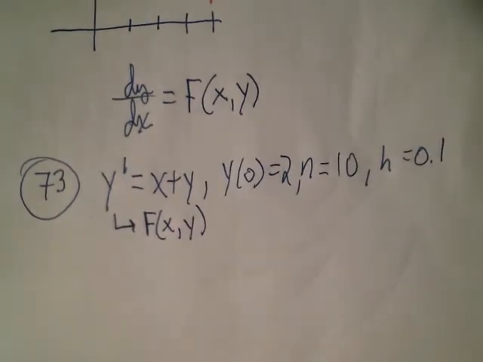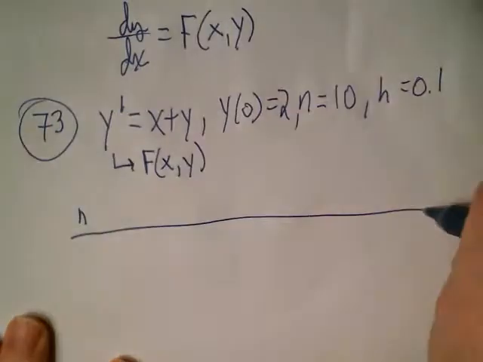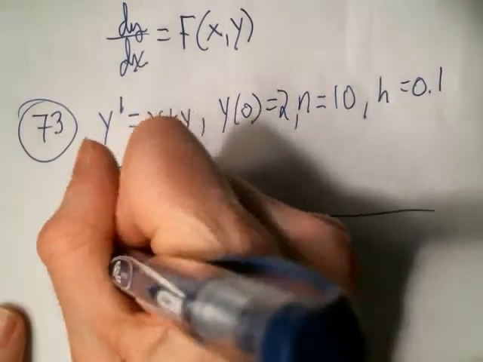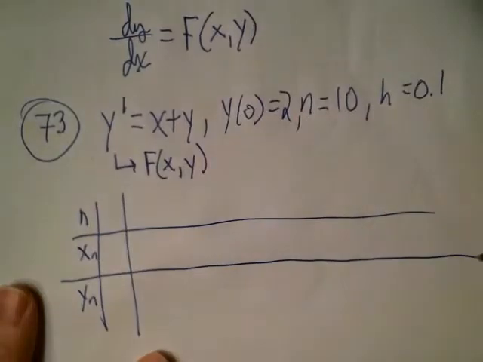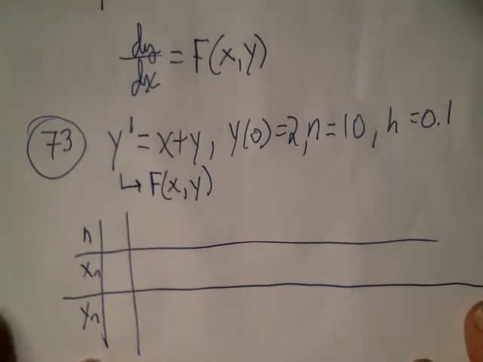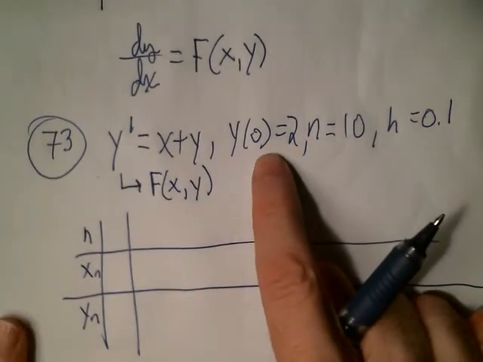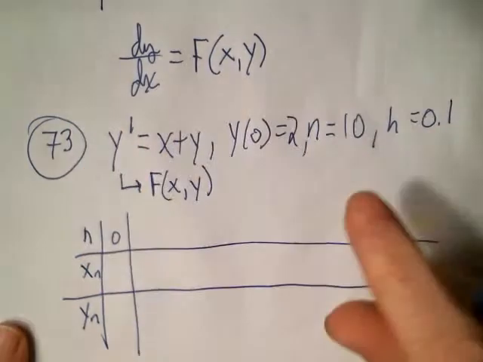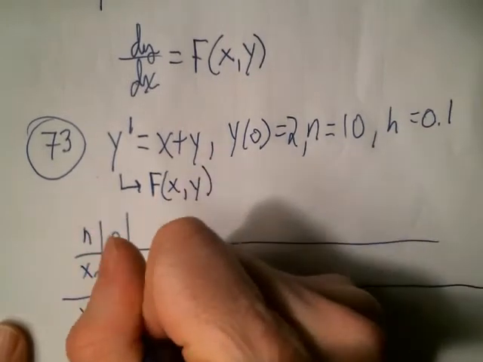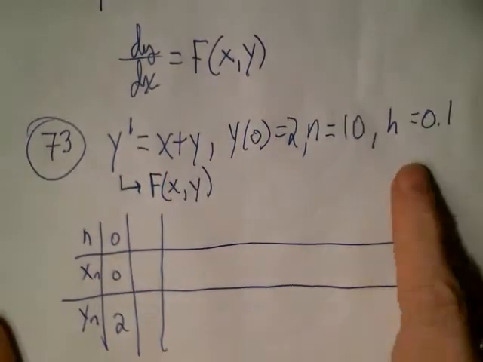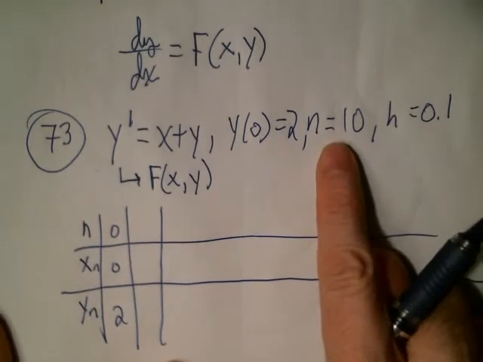Okay, the book will probably do a chart. So you'll have an n value, and then your x sub n, and then your y sub n. You want to start at your initial value. So when n is 0, I'll have this point 0 comma 2. And then you use the h value to get to your next x value, and you want to do this 10 times.